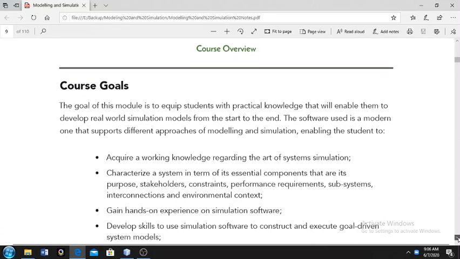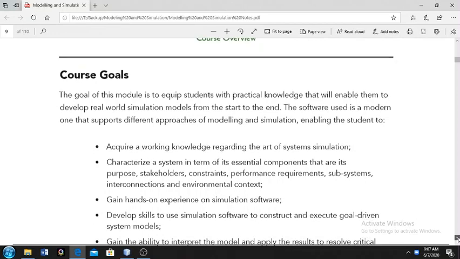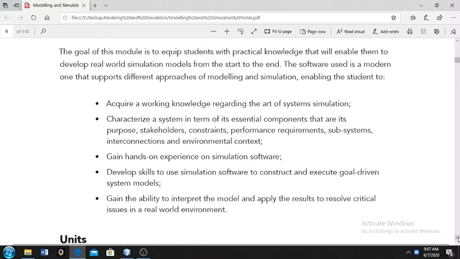The course goal. The goal of this module is to equip students with practical knowledge that will enable them to develop real-world simulation models from the start to the end. The software used is a modern one that supports different approaches of modeling and simulation, enabling students to acquire a working knowledge regarding the art of system simulation, characterize a system in terms of its essential components that are its purpose, stakeholders, constraints, performance, requirements, subsystems, interconnections, and environmental context.